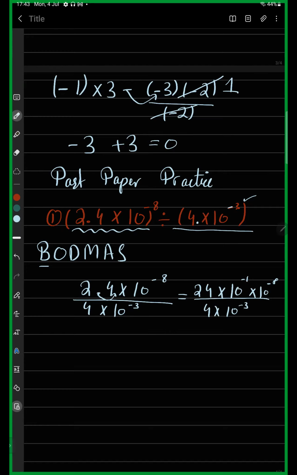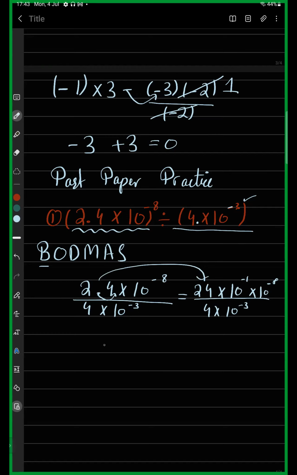Yes. Any confusions with this part, how I've converted 2.4 to 24? Okay, very good. 2.4 can be converted to 24 by simply moving the decimal 1 unit to the right and by multiplying it by 10 power minus 1.